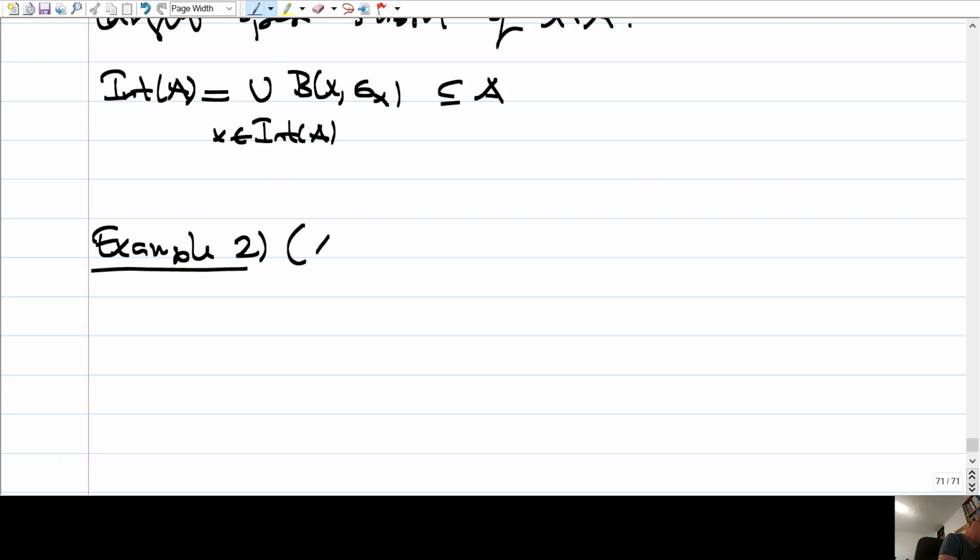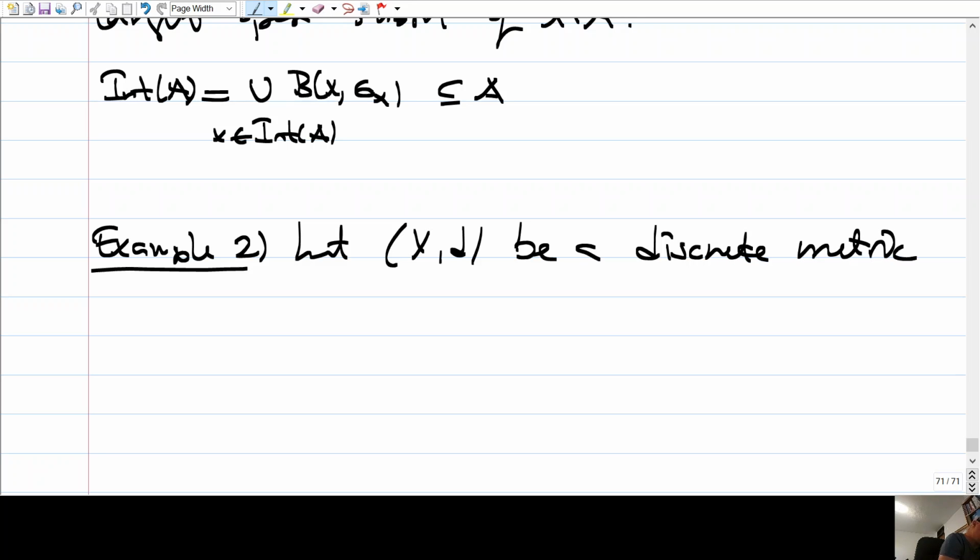Let's consider the discrete metric space. Let X be a discrete metric space. X could be any set. It can be a finite set, it can be the set of integers, real numbers, rationals, whatever you want. I consider it with the discrete metric d.